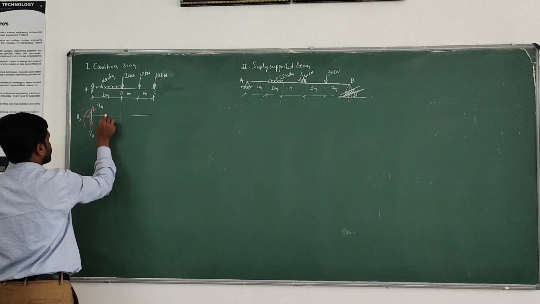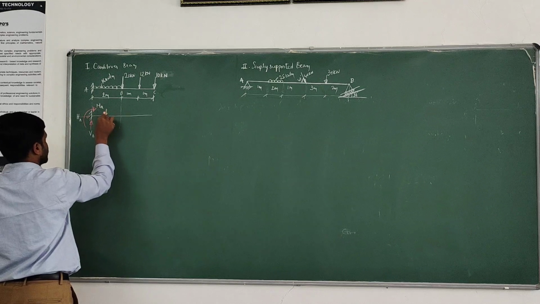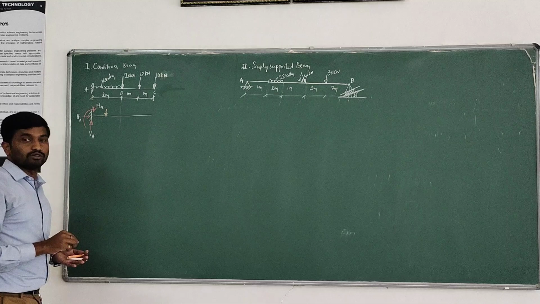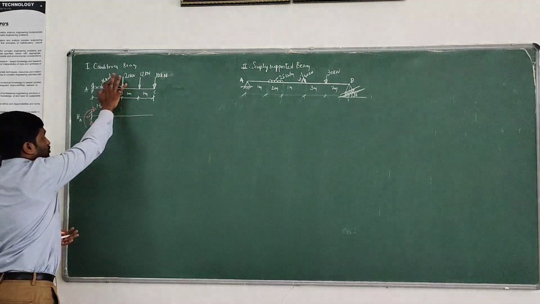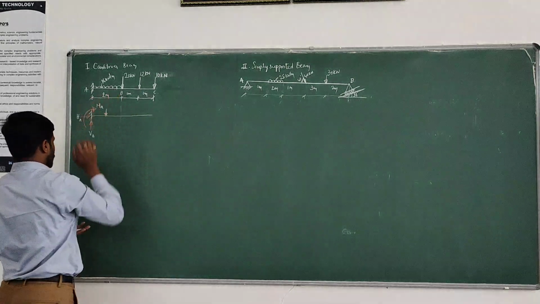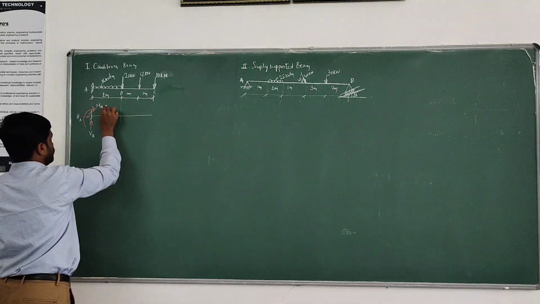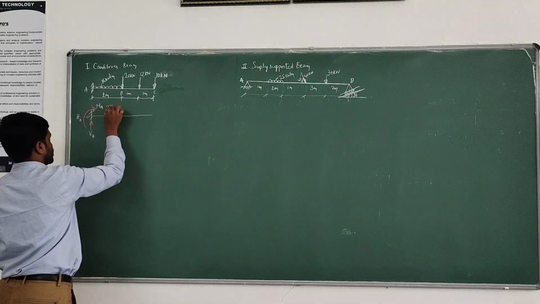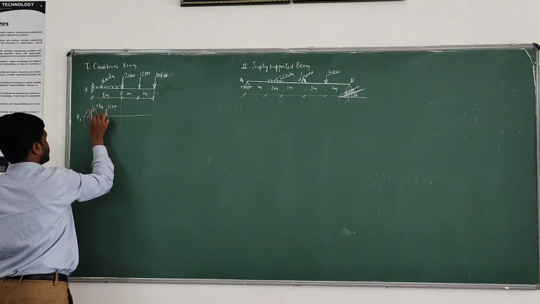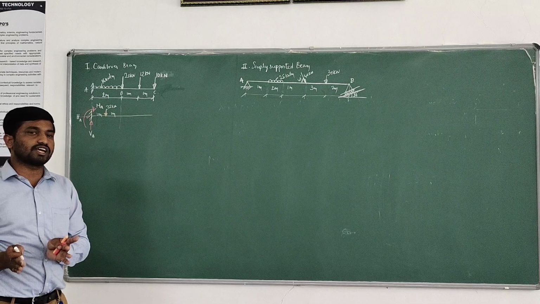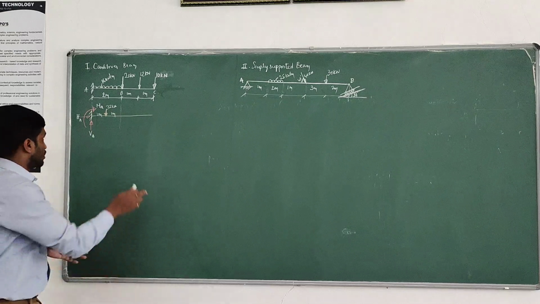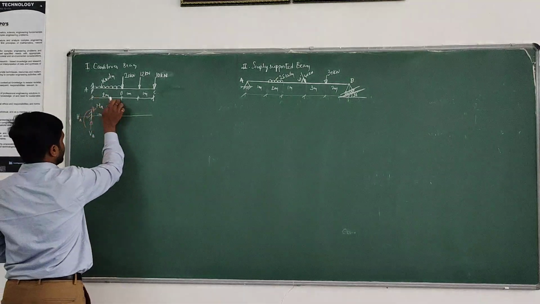So convert, or reduce, that UDL into a point load. We know that for a UDL, it is W into L. W is 16, length is 2. So 16 into 2, 32 kilonewton acting at L by 2. So that is 1 meter, 1 meter. Total span is 2 meters, exact half of the span, that is 1 meter, 1 meter in AB.